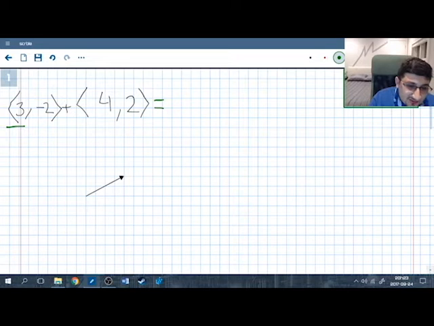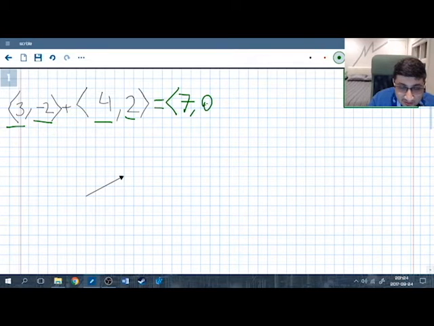You take this first component, add it to the first component of this one, and you get 7 comma, and then minus 2 plus 2, that's 0. And in terms of what this looks like, here's that second vector. Again, 3 units to the right, 2 units down because of the negative sign. And then the sum vector starts at the same place the first vector starts, but then ends where the second one does.